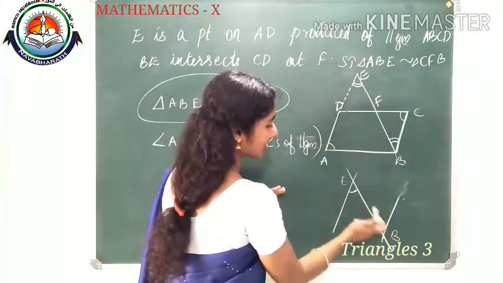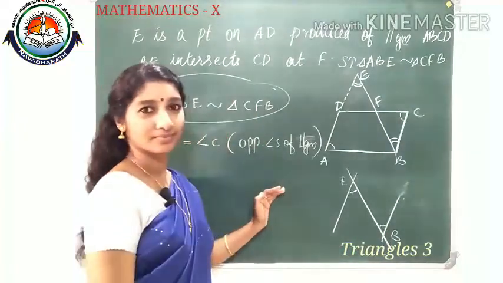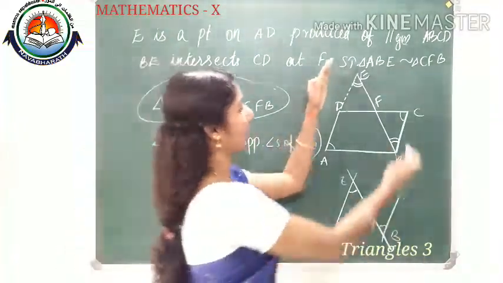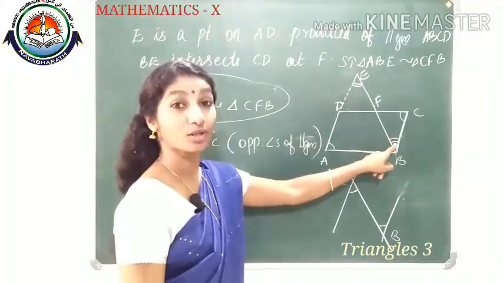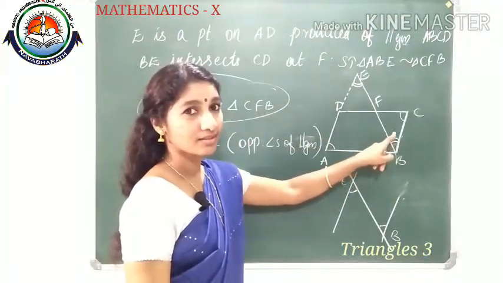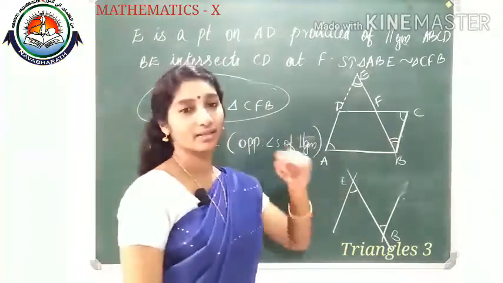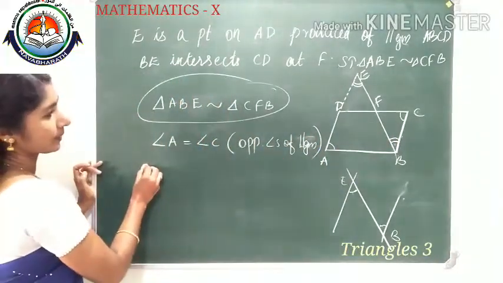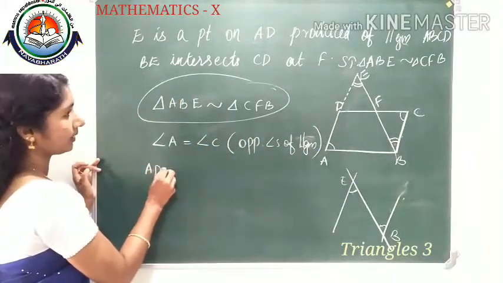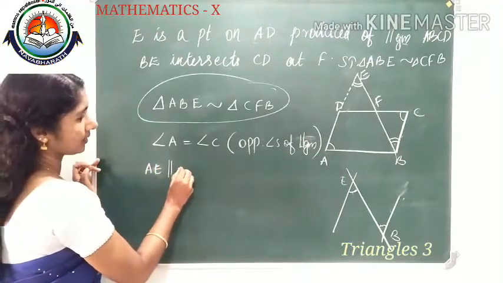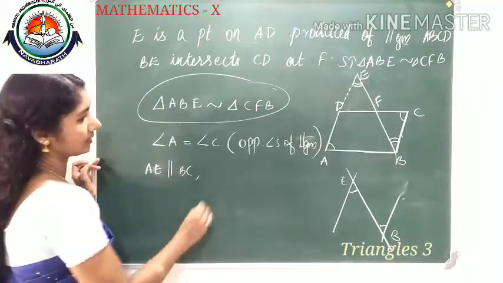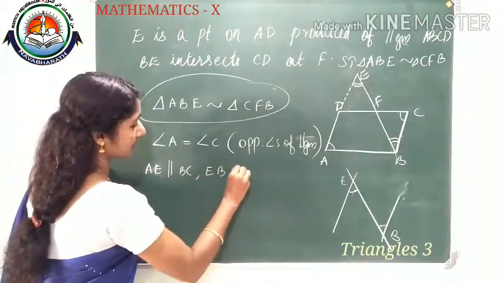So alternate angles are equal. So by using that property, with the parallelogram cut by a transversal, angle E and angle B are alternate angles. So we are getting one more angle equal. We can write that here: AE parallel to BC and EB is the transversal.